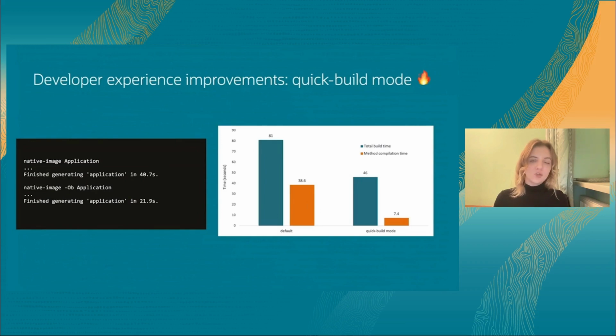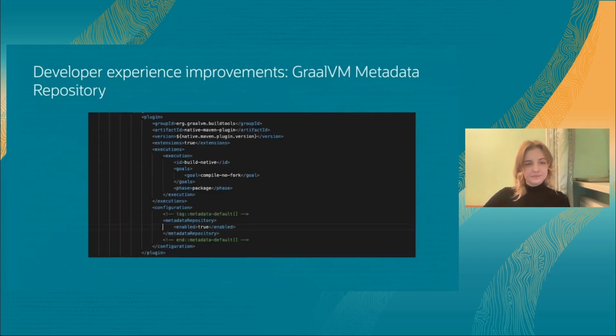So we do recommend this option only for development purposes as you're developing your application and you want to get faster results, faster feedback from native image about how your application builds. But then as a final step in your development process, you would build your application with the normal native image build mode to ensure the best possible performance at image runtime.